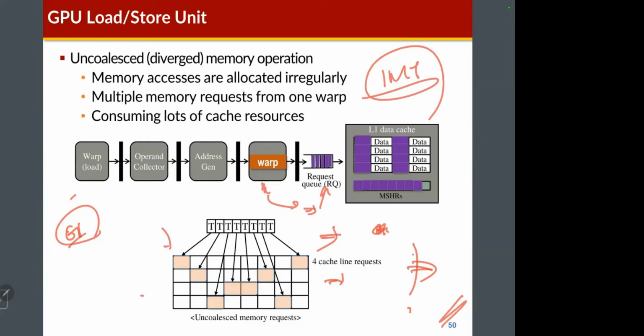These are called irregular memory access patterns, which are not good for GPU execution. So it's also a very important research topic in GPU architecture: how can we support the irregular memory access patterns observed in other general purpose applications?